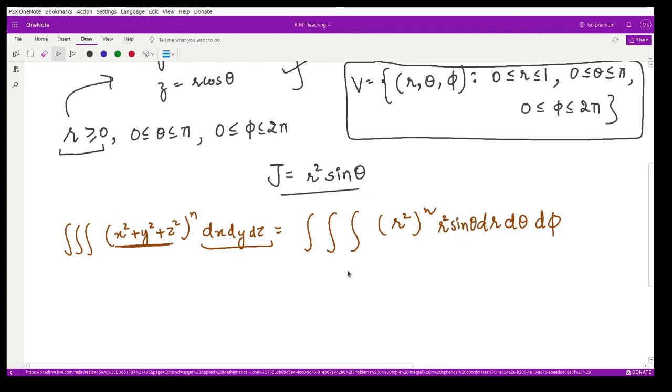And now you have to substitute the limits.